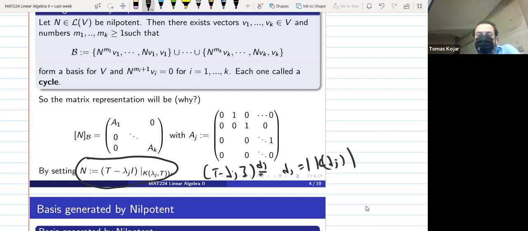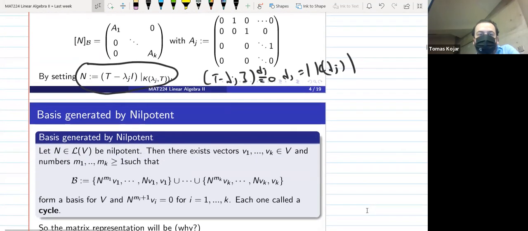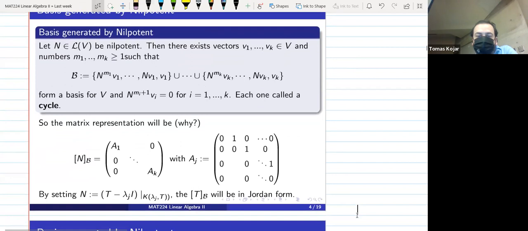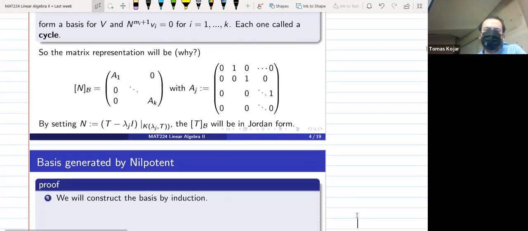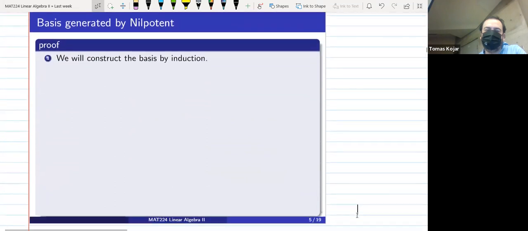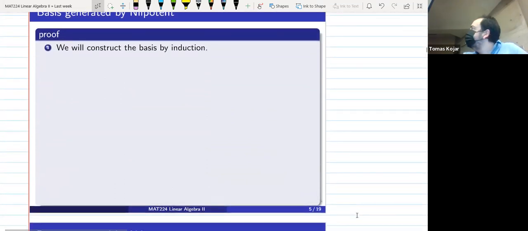So this guy is the zero map, restricted. We always have to restrict. So that's how we get Jordan form. The width of the proof will be what we do now. I have this rule. But we've done so many inductions. All right, let's do it.